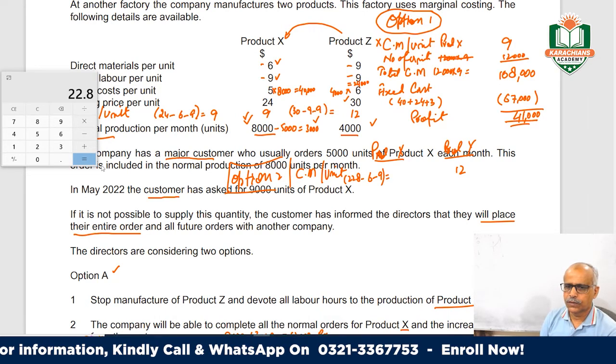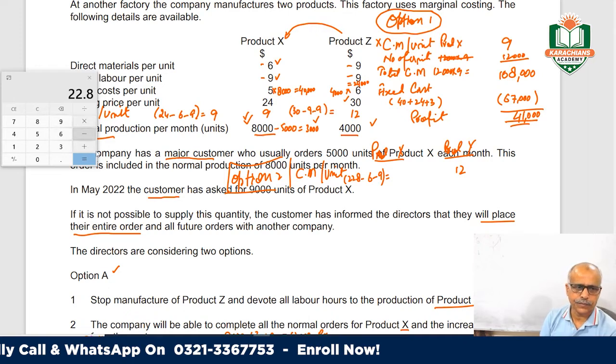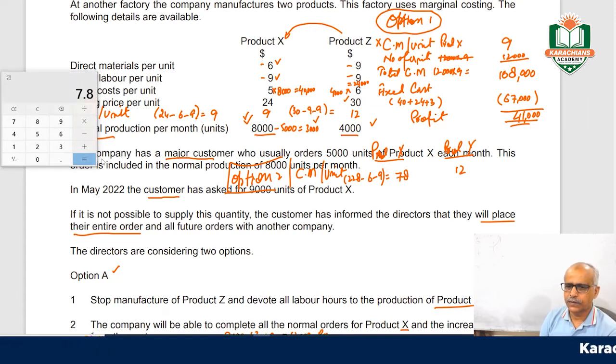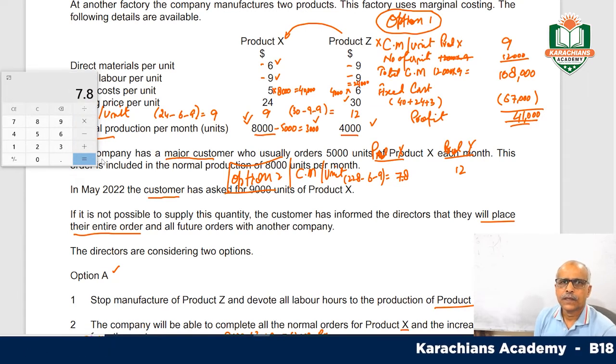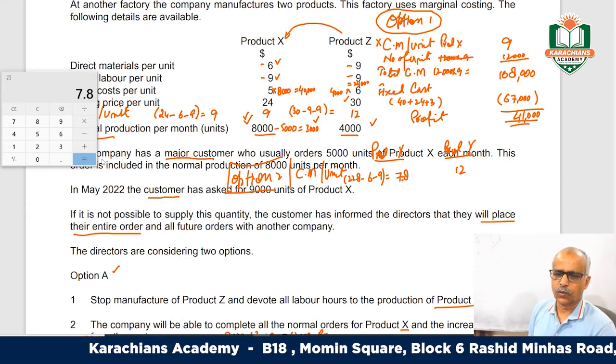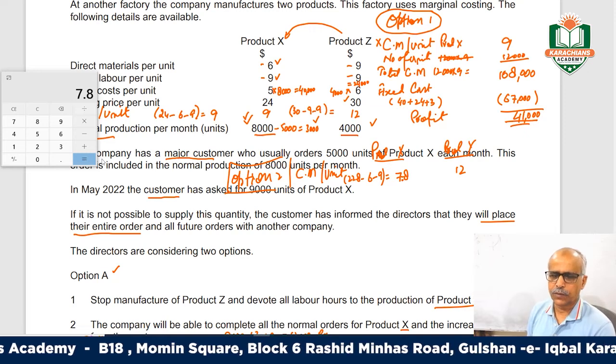So its margin would be 7.8, right? The margin of product X will get reduced because you are reducing the prices to attract more customers.